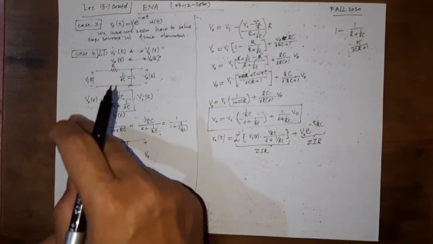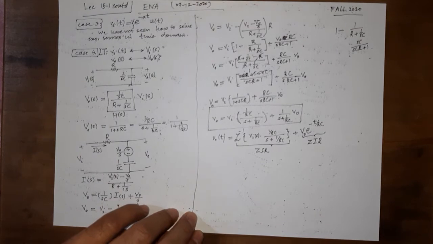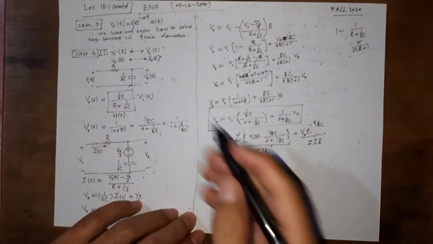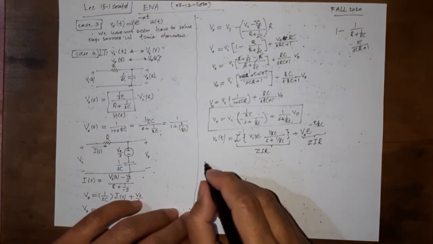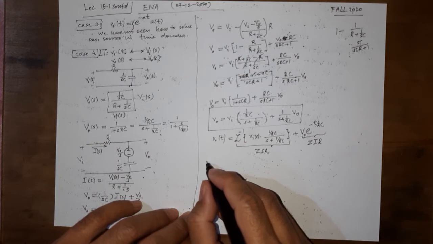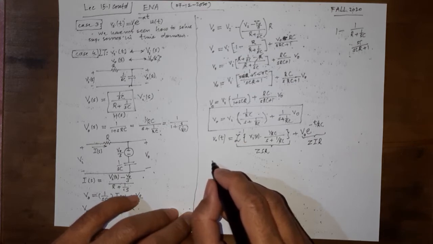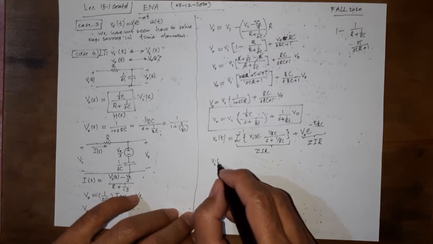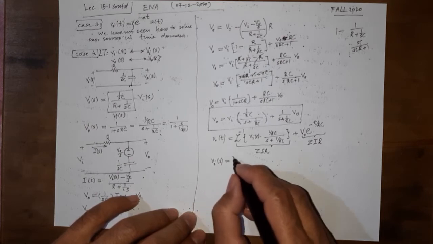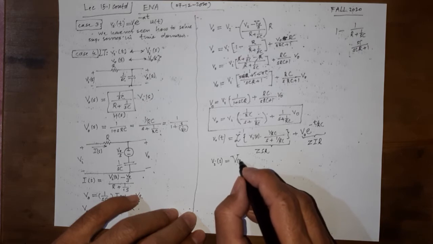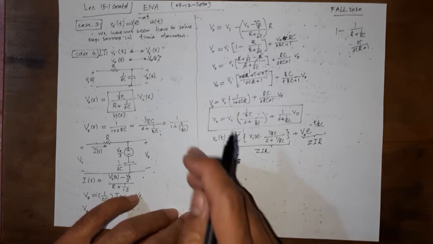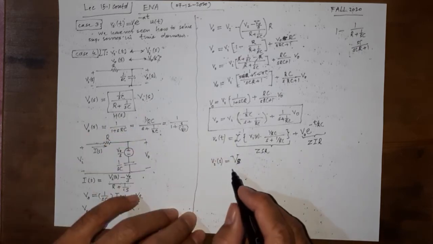Here we have taken Vi to be a general voltage. So if we now go back to putting Vi of S to be a constant value, say Vs. This Vs is a source voltage that we covered in the first case.